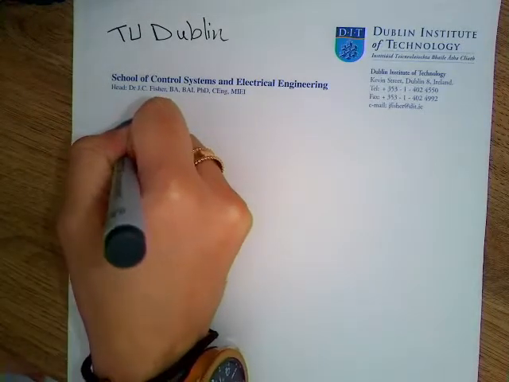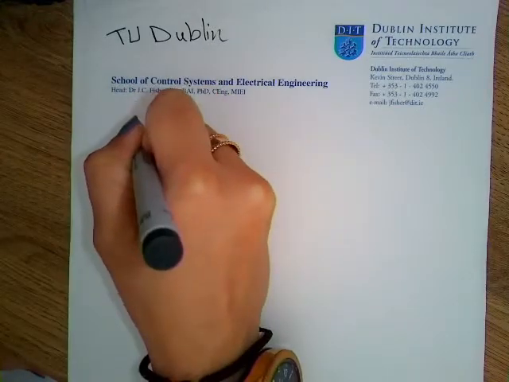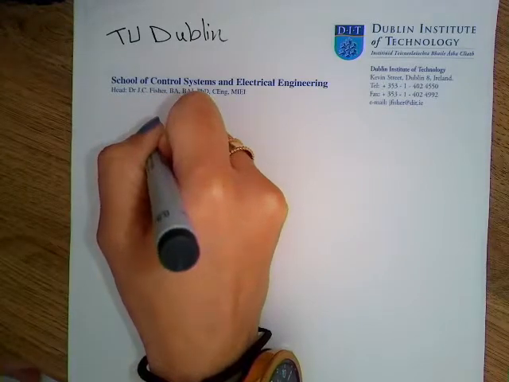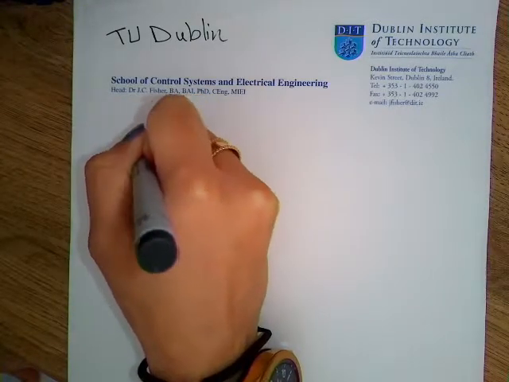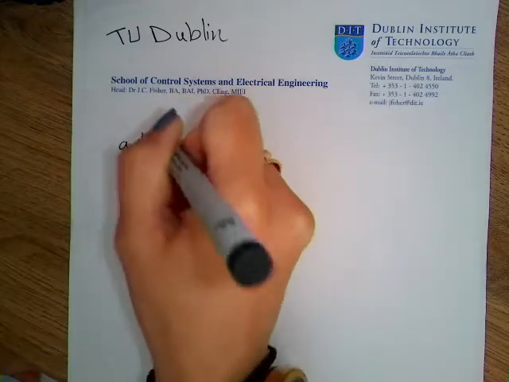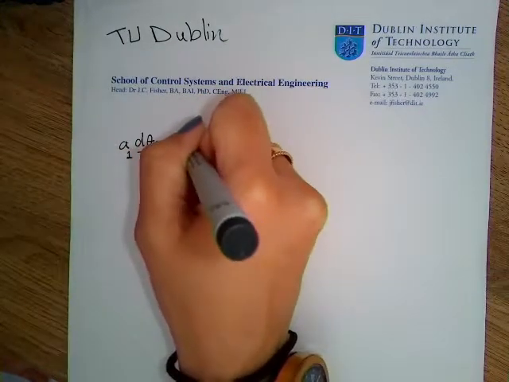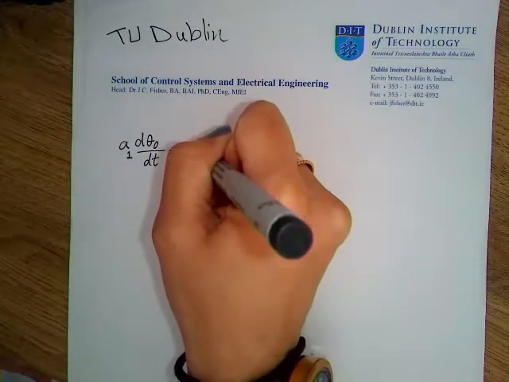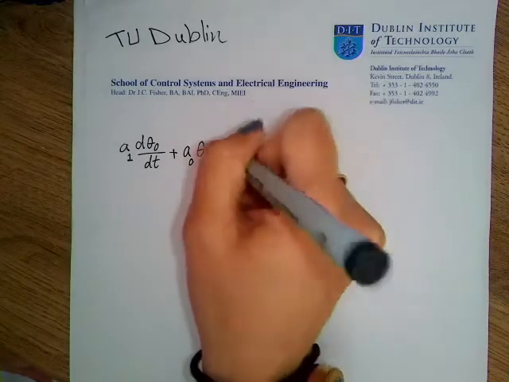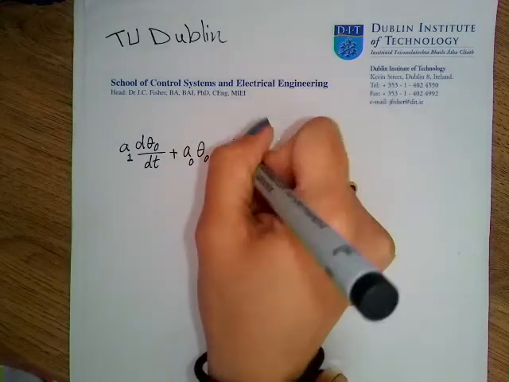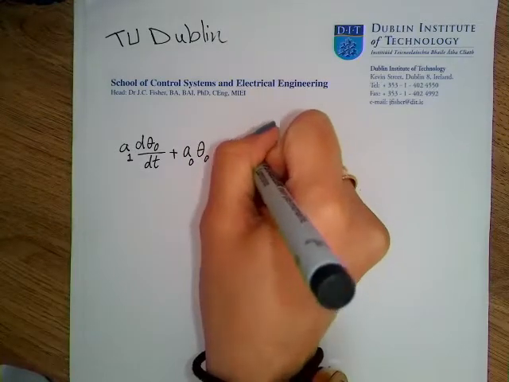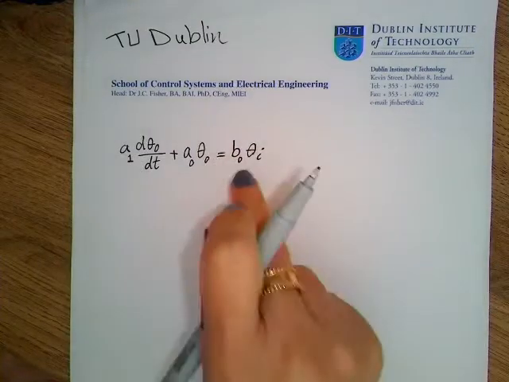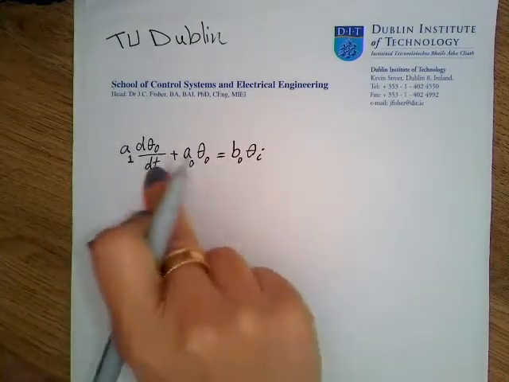So we have this generic form: A1 d theta O with respect to time, plus A0 theta O, is equal to theta I. So we are looking at I for input and O for output.